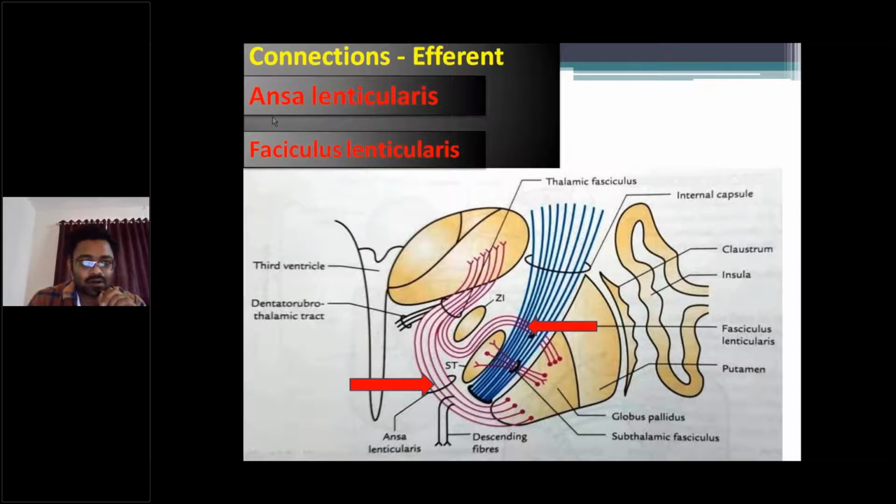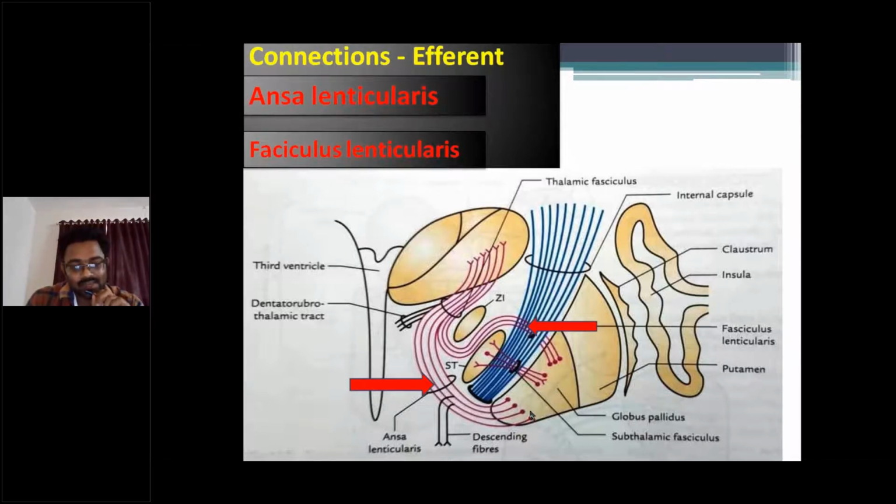These two bundles are called, first one ansa lenticularis, second one fasciculus lenticularis. So what is meant by ansa lenticularis? What is meant by fasciculus lenticularis?